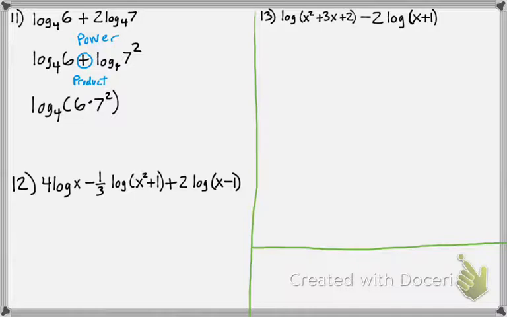So if you take 6 times 7 squared, which is the same thing as 6 times 49, then you should get log base 4 of 294. And that'll be your final answer.